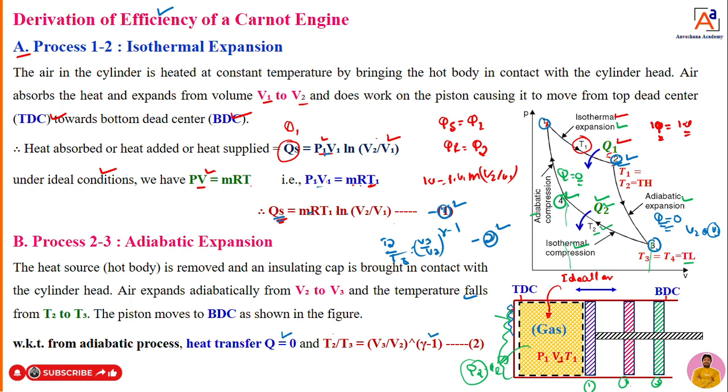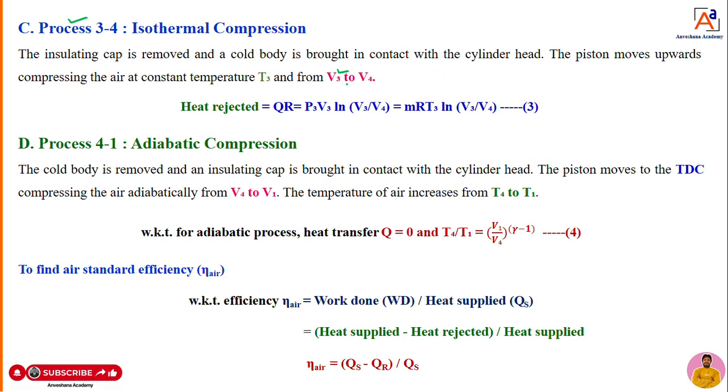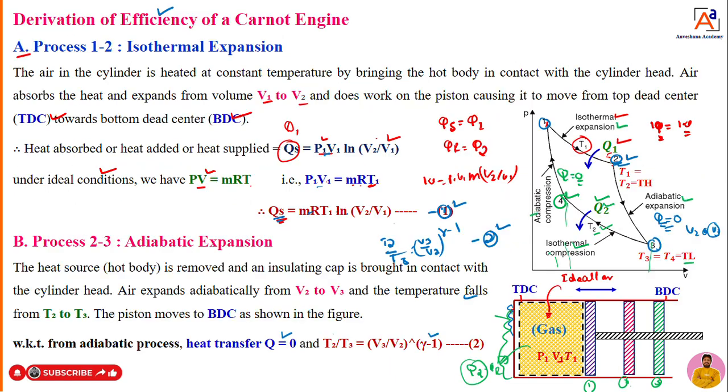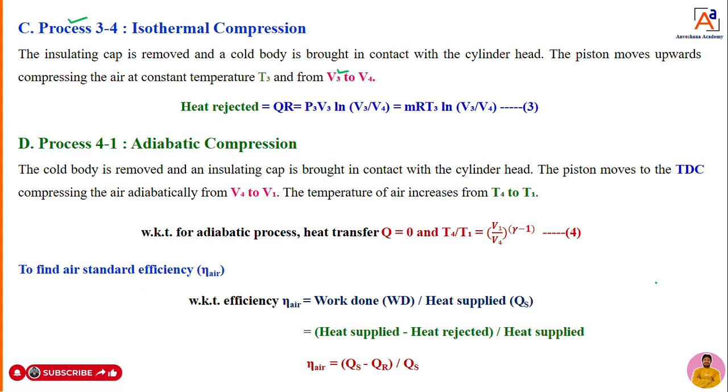The volume changes from V3 to V4 when the piston moves from BDC to TDC, that is decreasing.